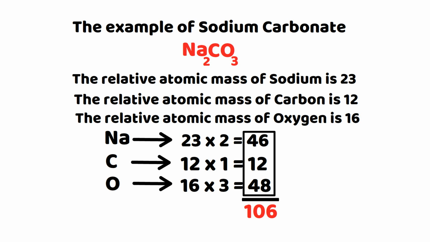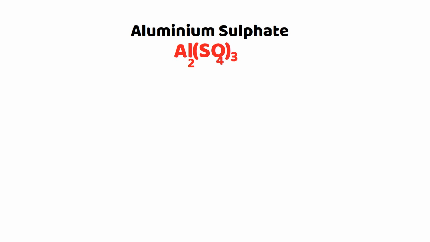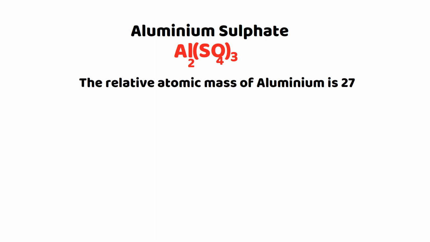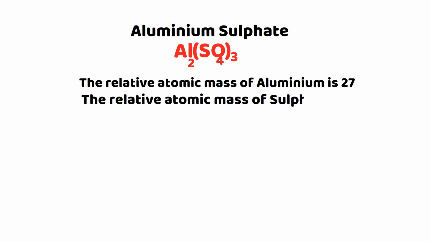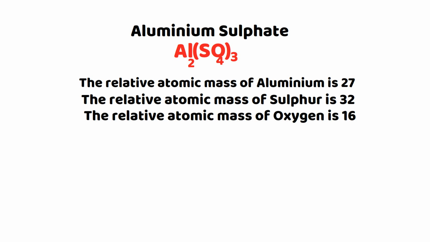Okay, another example, let's consider aluminium sulfate. Its formula unit is Al2(SO4)3. So we have 2 aluminium atoms, 3 sulfur atoms and 12 oxygen atoms in one formula unit of aluminium sulfate. The relative atomic mass of aluminium is 27, the relative atomic mass of sulfur is 32 and the relative atomic mass of oxygen is 16.